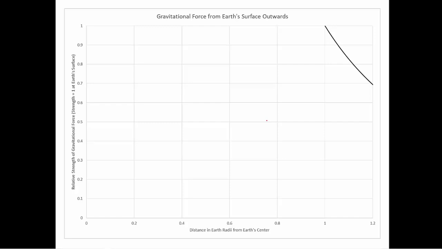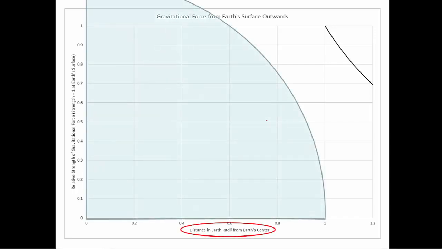Gravitational force from the Earth's surface outward. This is a graph. Not much of a graph yet. Don't have too much on here. One thing I'm going to do is introduce just sort of a transparent overlay to show you that the Earth would extend from 0 out to 1. The horizontal axis is the distance in Earth radii from the Earth's center.